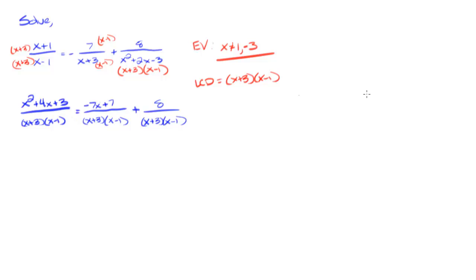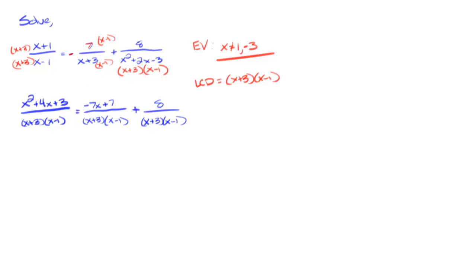In the second fraction, importantly, don't forget about the negative out in front. This is a negative 7 times the x minus 1, and when I distributed that negative 7, I got negative 7x plus 7. Taking care of that negative is a common mistake.